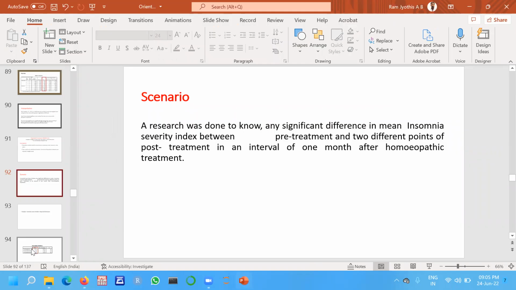There are patients with insomnia, and you are taking this score, the insomnia severity index, which is a score on a continuous scale. Before treatment you take one score, then after 1 month you take another reading, and again after 1 month another reading. Then you compare them. Okay, so that is the scenario.